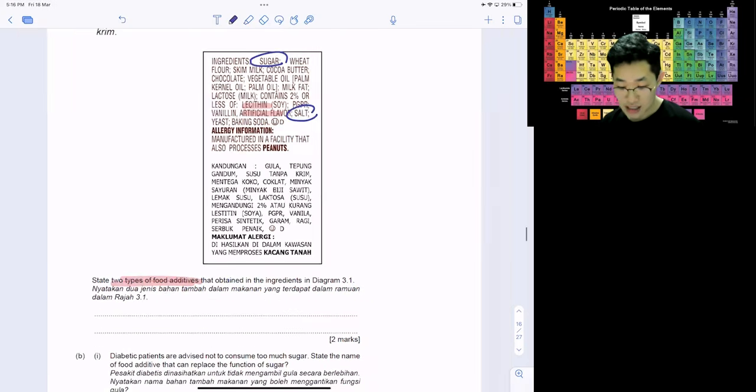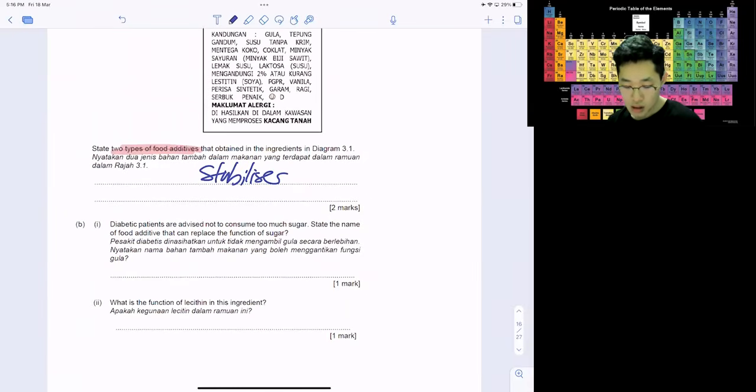So two types of food additives can be stabilizer, emulsifier, flavoring. You see this question: diabetic patients are advised not to consume too much sugar. State the name of food additive that can be used to replace sugar. Yes, aspartame.